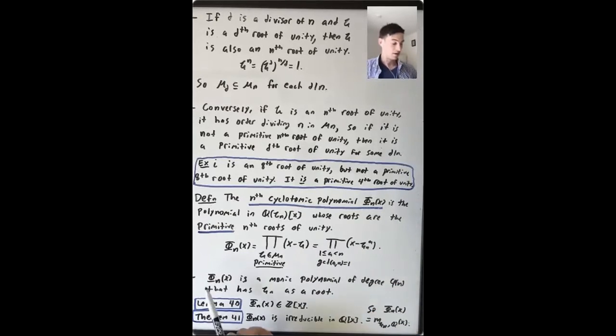Okay, so it is very clear that this is a monic polynomial of degree equal to the number of primitive nth roots of unity, which is phi of n, Euler phi of n. And zeta n, this one primitive nth root of unity, is a root of this polynomial. So what we would like to say is that, in fact, this nth cyclotomic polynomial is the minimal polynomial of zeta n over Q. But what is the minimal polynomial of an algebraic element over Q?